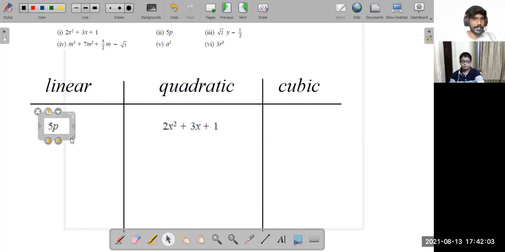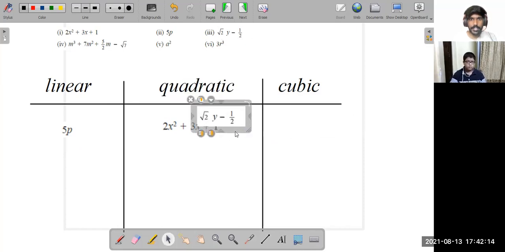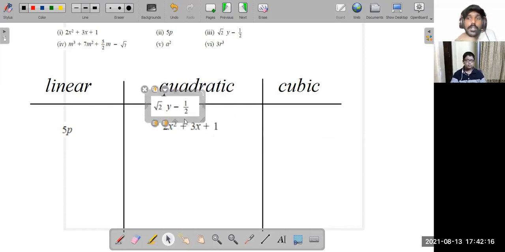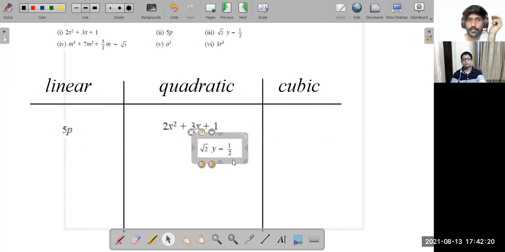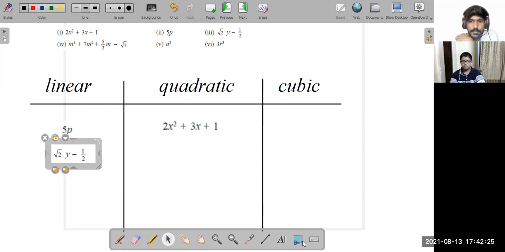So I'll put it here. Then root 2 y minus 1 upon 2. Look at the power of the variable. Don't look at the coefficients. Linear. So this will come here.